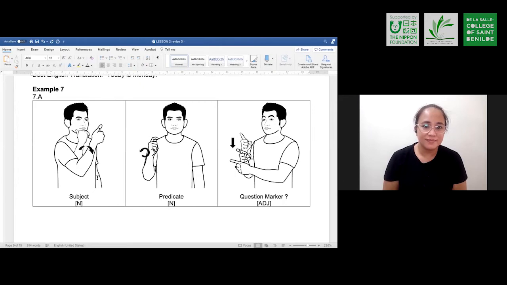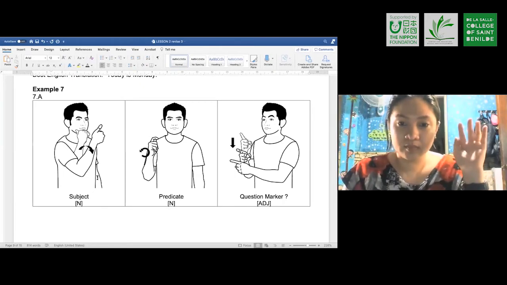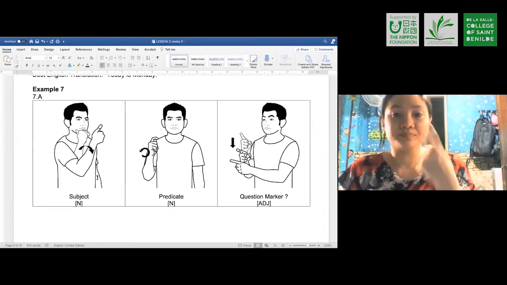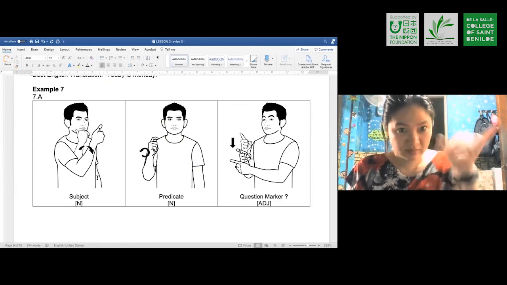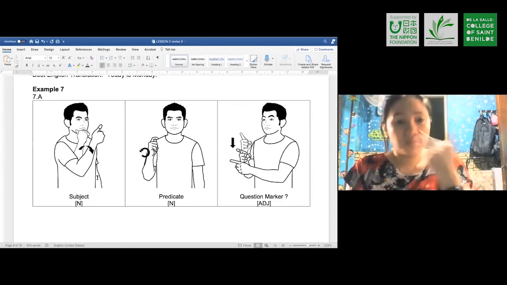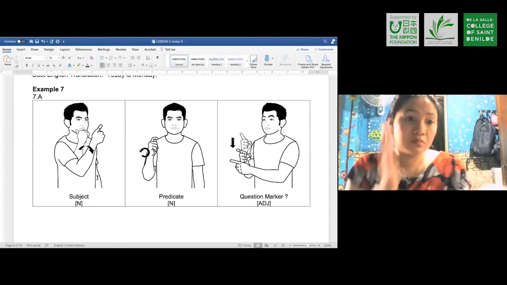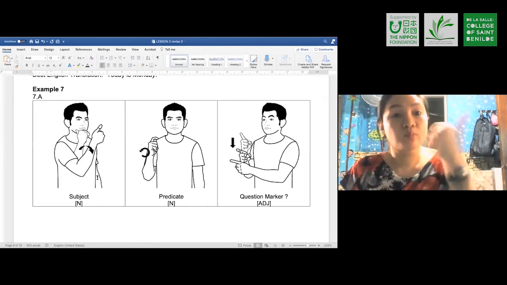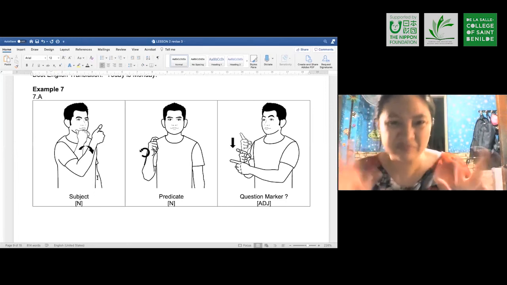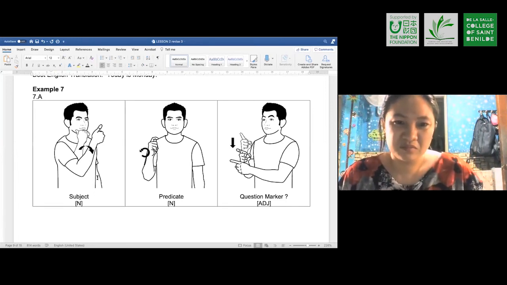Okay, let's change it around a little bit. Meng is saying, Dr. Woody, so 7A and B, in terms of it having the same meaning, they do.